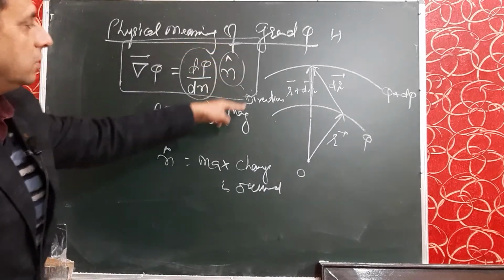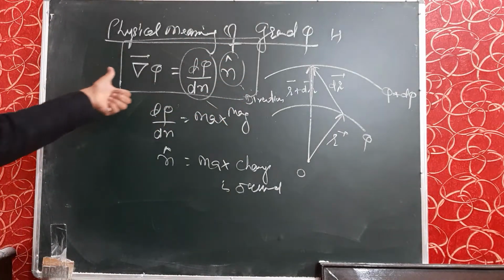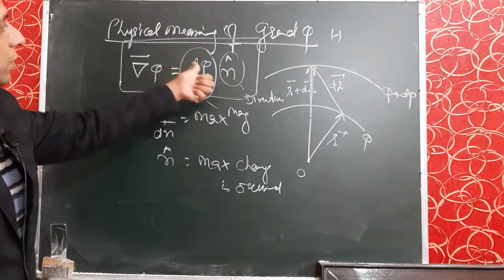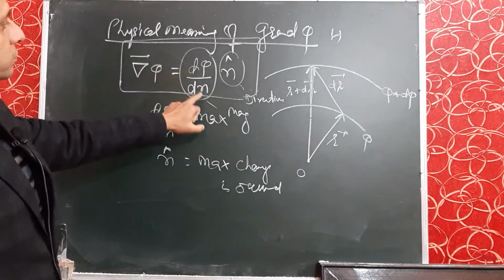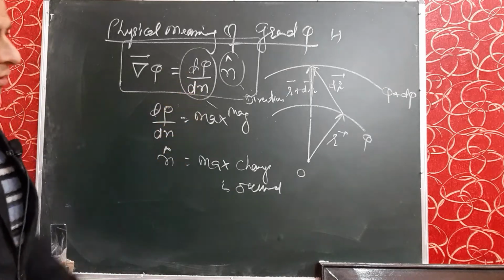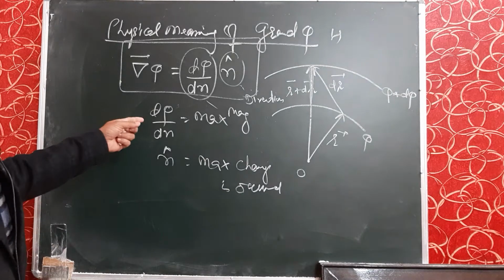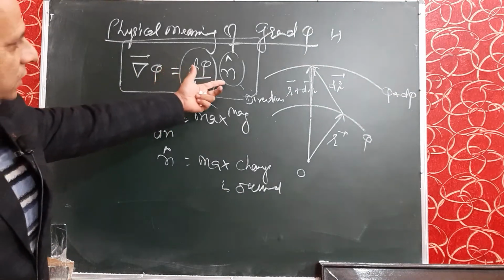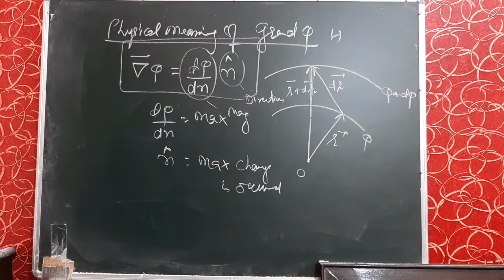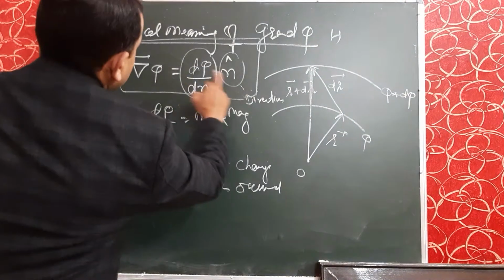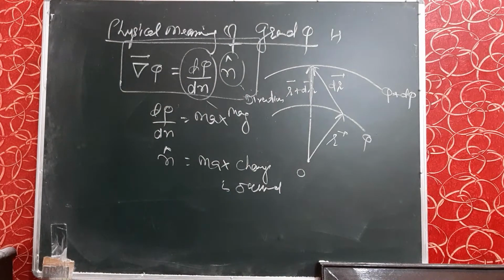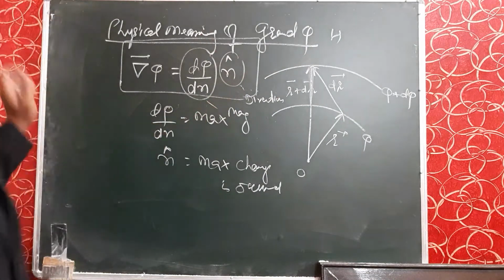The gradient of any scalar function is equal to a vector whose magnitude is the rate of change of flux with respect to distance, and whose direction is towards where the maximum change occurs. So this is the physical meaning of grad phi. So this is the diagram, and this is the definition of grad phi.